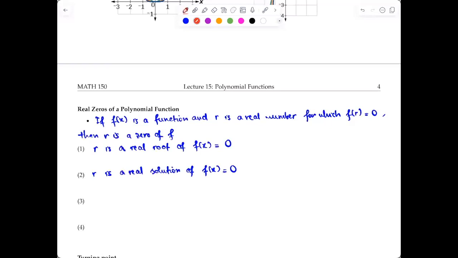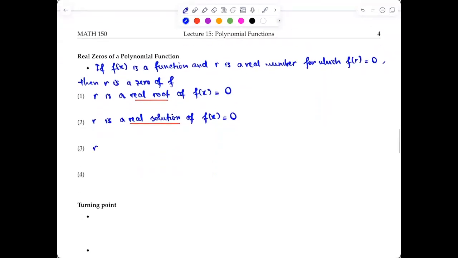So real root, real solution, or r is an x-intercept of the graph of f.